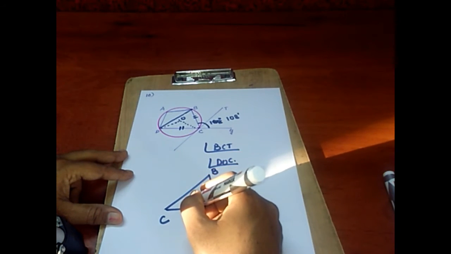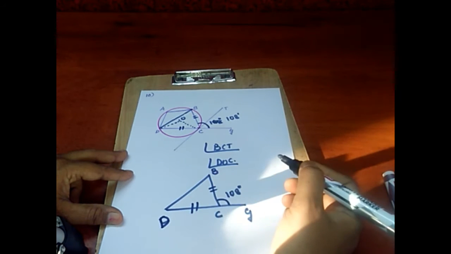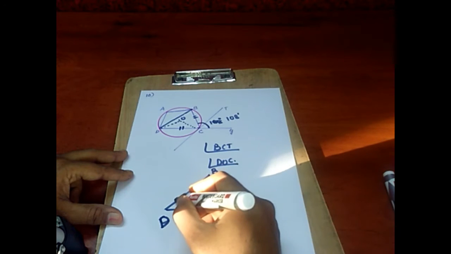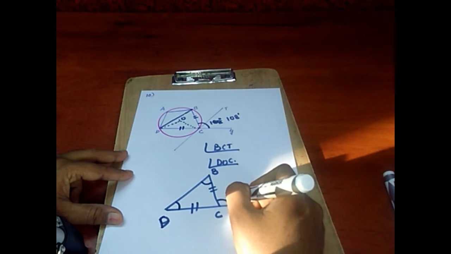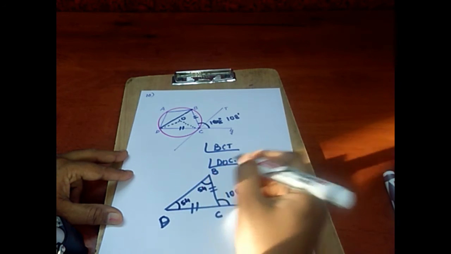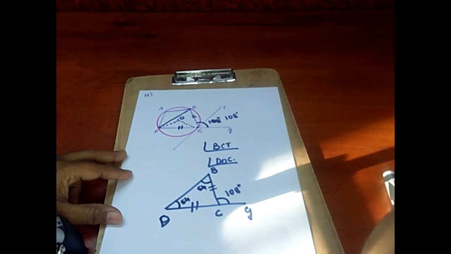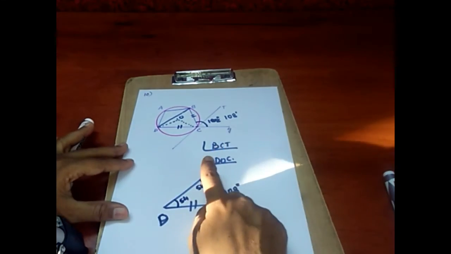As it is given in the question that CD is equal to BC, I can say that these two are equal angles, which is equal to the exterior angles. Hence the measure of these two angles are equal to 54, 54. That is point number 1. So what is point number 1?